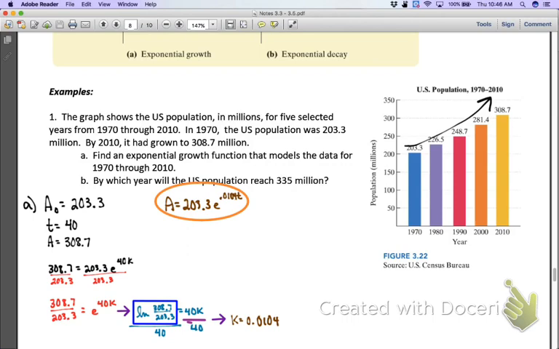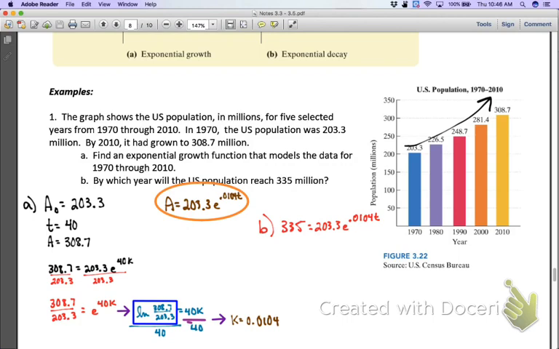So if I want to find whatever the value is whenever it's 335 million, like on part B, all I'm going to do to set this up is take the 335. Now that I have my K value, it just becomes 203.3 e to the 0.0104 t power.